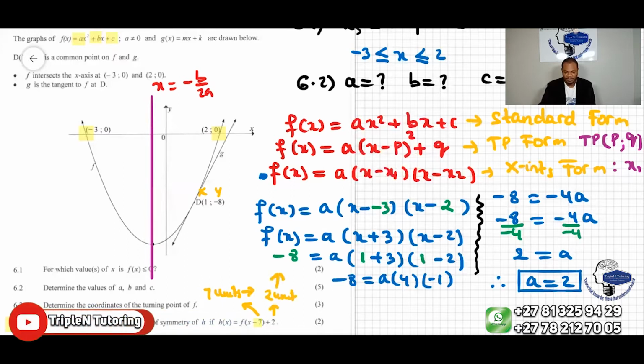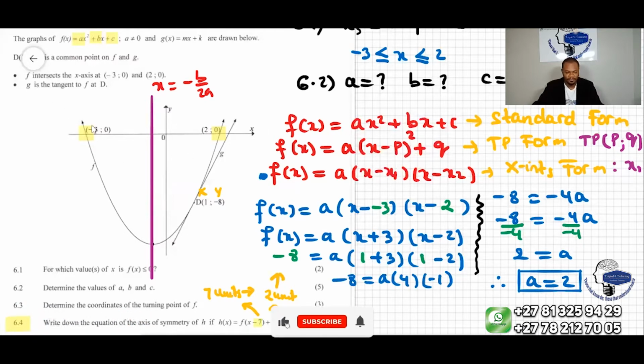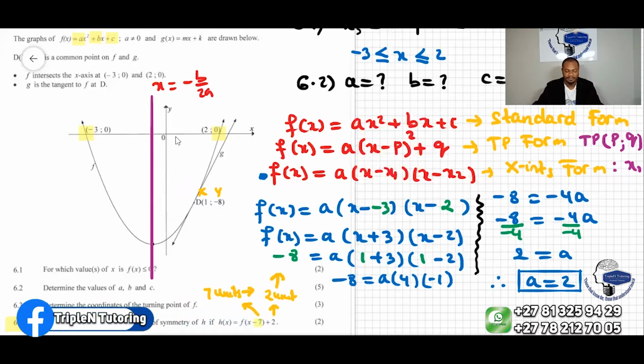So it's like the same graph of the parabola that we have here will be shifted 7 units to the right, and then 2 units upward.